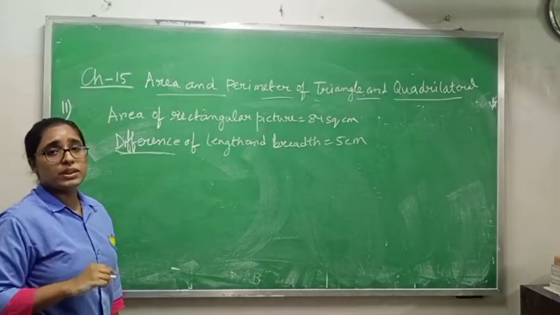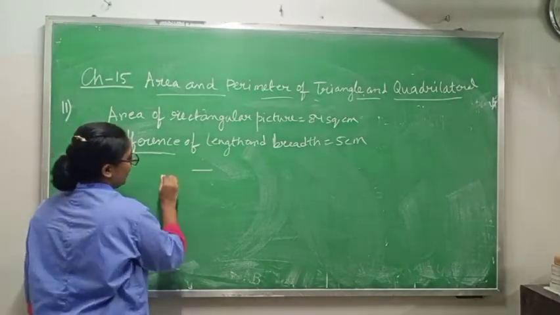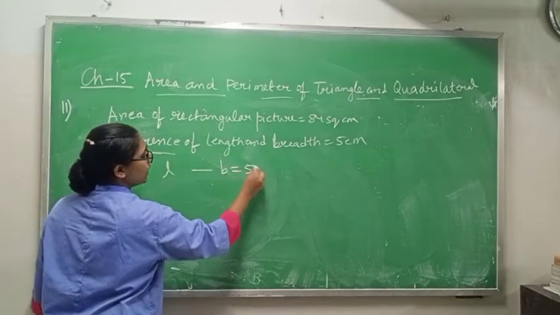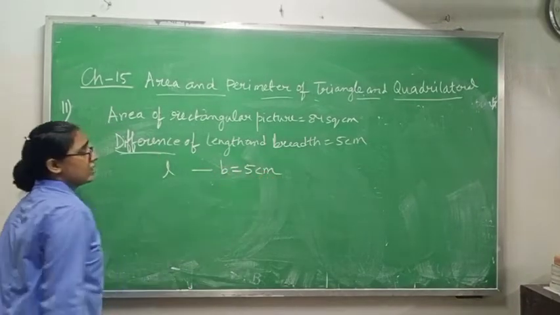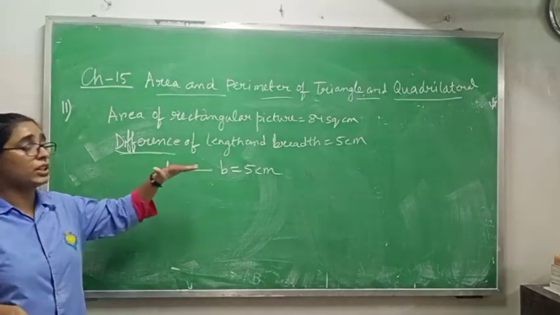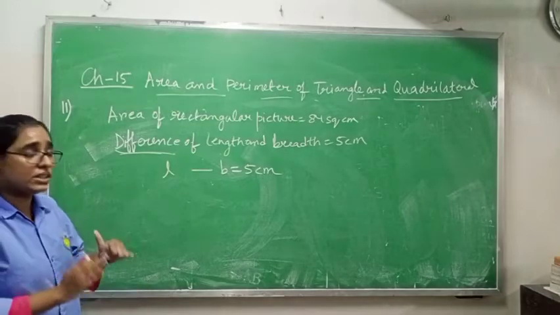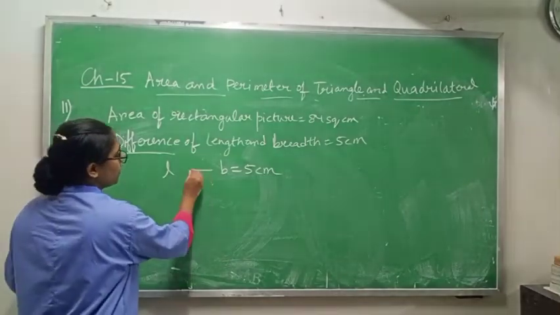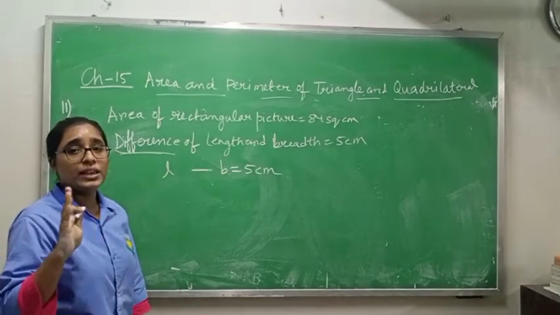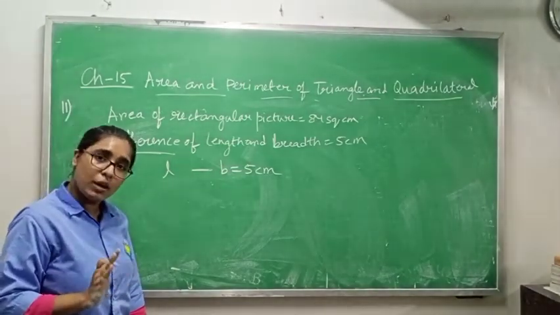Difference means there will be a subtraction sign. And length and breadth means L minus B is given how much? 5 centimeter. Class 9, try to understand properly. It is given difference of length and breadth equals 5 centimeter. It means difference means a minus sign between length and breadth. It is given how much? 5 centimeter. Understood up to here?